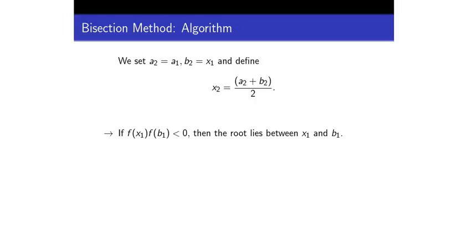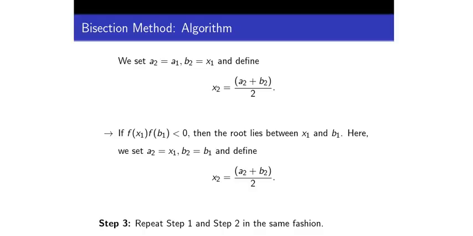If f of x1 and f of b1 is less than 0, then the root lies between x1 and b1. In this case you will say this is a2 and this is b2, and x2 equals a2 plus b2 by 2. So we set a2 equals x1 and b2 equals b1 and define this.